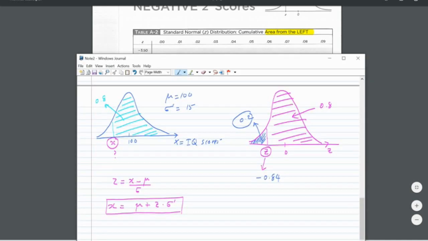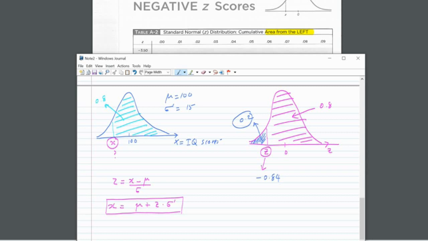Now we have the Z value, and we need to convert this Z value into an X value. We have a formula here. So X equals, now the mu for this problem is 100, plus the sigma times Z, which is negative 0.84 times 15.